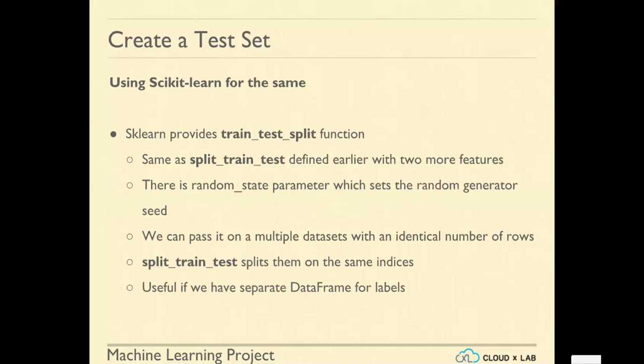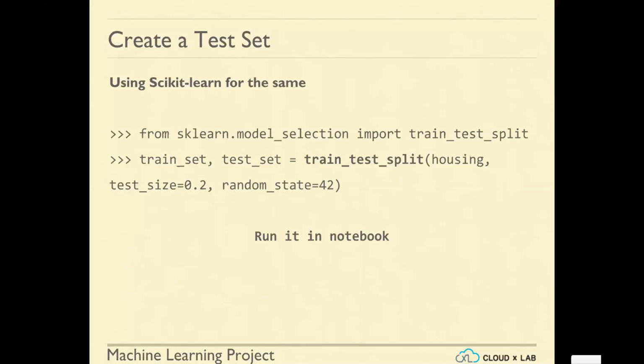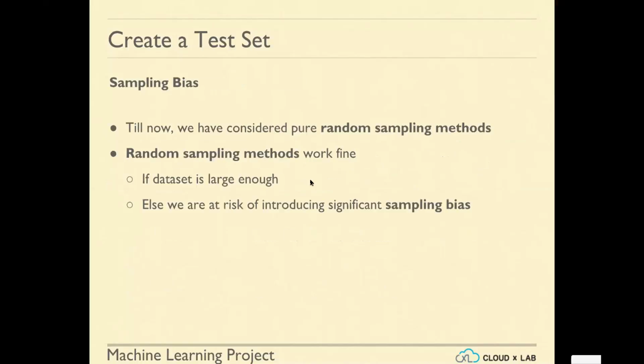There is also a train test split function provided by scikit-learn that does a similar thing, just that it doesn't take the ID into consideration. The train test split function takes a data set, and you pass the test size and the random state, just like we had the seed.